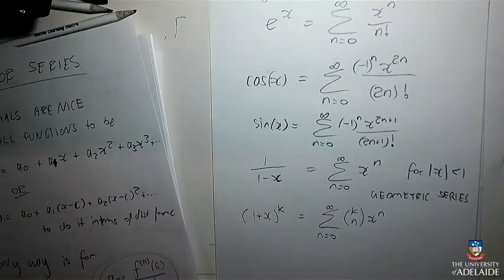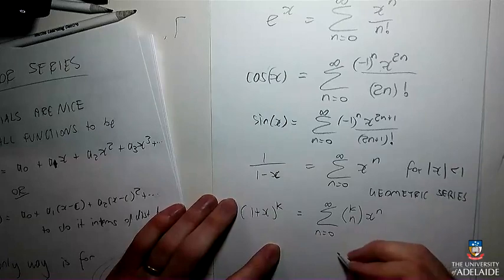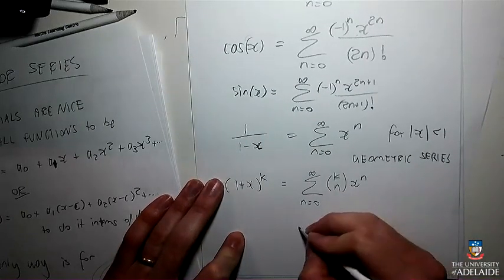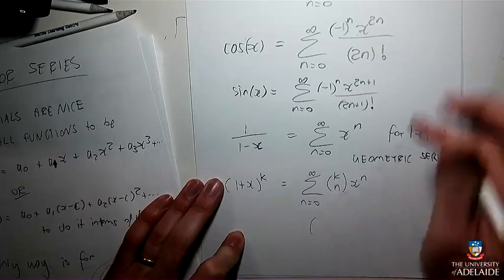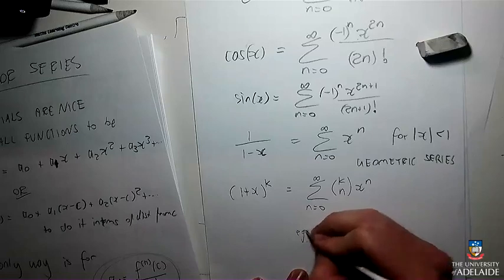But what we've done is we've created a new definition of what this symbol means when k isn't a whole number. And this symbol means, it's easier to do as an example.